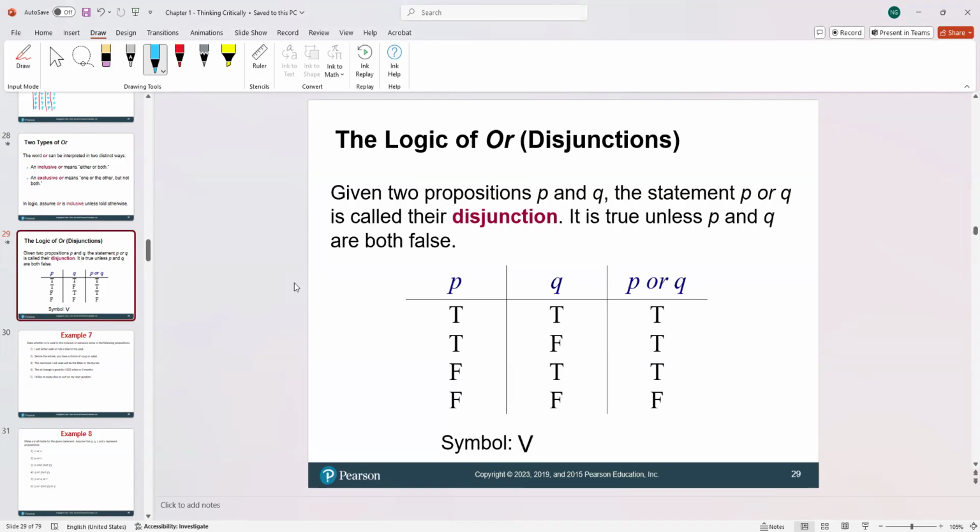It probably means it covers illness by itself, or injury by itself, or both. So this is an example of the inclusive or, which means either or both.